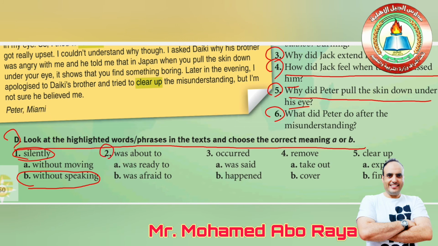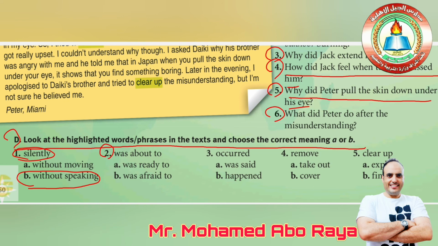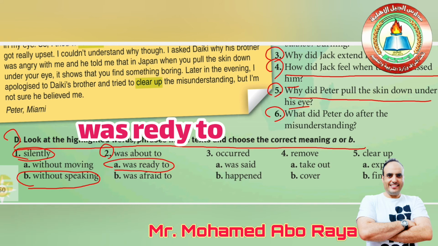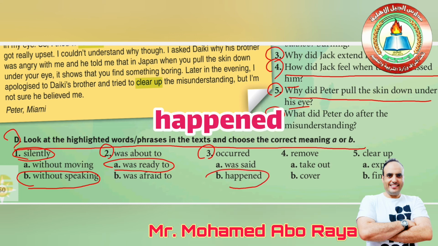Number 2. Was about to. Was about to means was ready to or was afraid to. Was ready to is a good answer. Number 3. Occurred. Occurred means was said or happened. Yeah, occurred means happened.